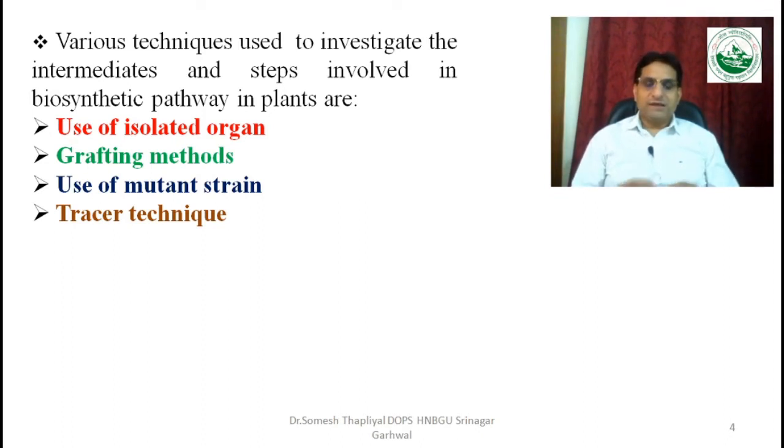In the isolated organ method we simply take a part of the plant, and with the help of tissue culture techniques, under an aseptic, controlled environment, we grow the plant organs. Then this part is used to determine the intermediates and steps involved in the biosynthetic pathway.